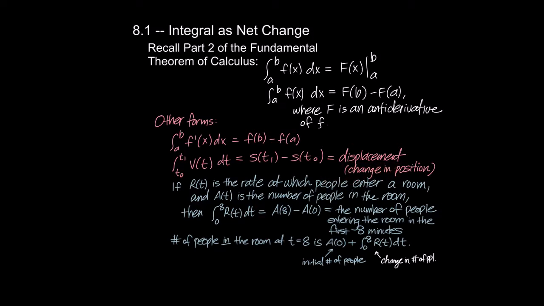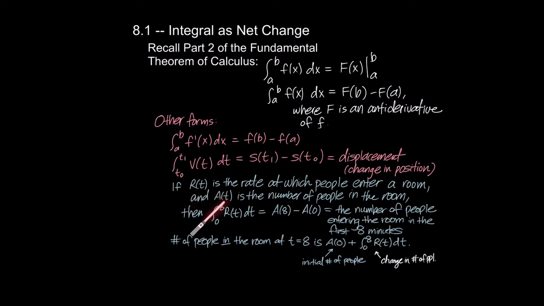Now another application or context is when we know the rate at which people enter a room. So let's say that r of t is the rate at which people enter a room. Well, the definite integral of r of t, the antiderivative of that, would be the number of people in the room.